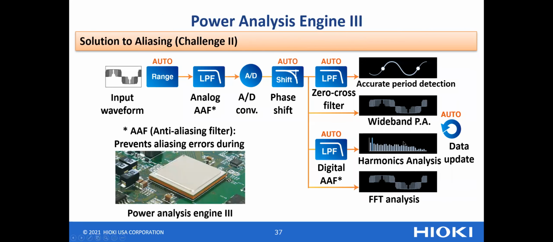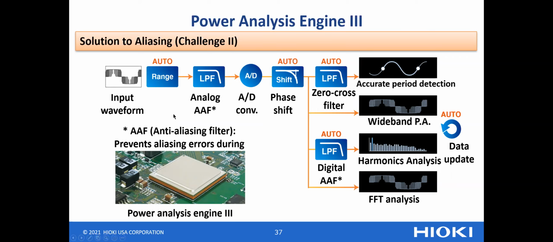So this is the input, but besides that, the meter has an excellent power analysis engine. This power analysis engine 3 has 2 anti-aliasing filters to eliminate unnecessary high frequency components.